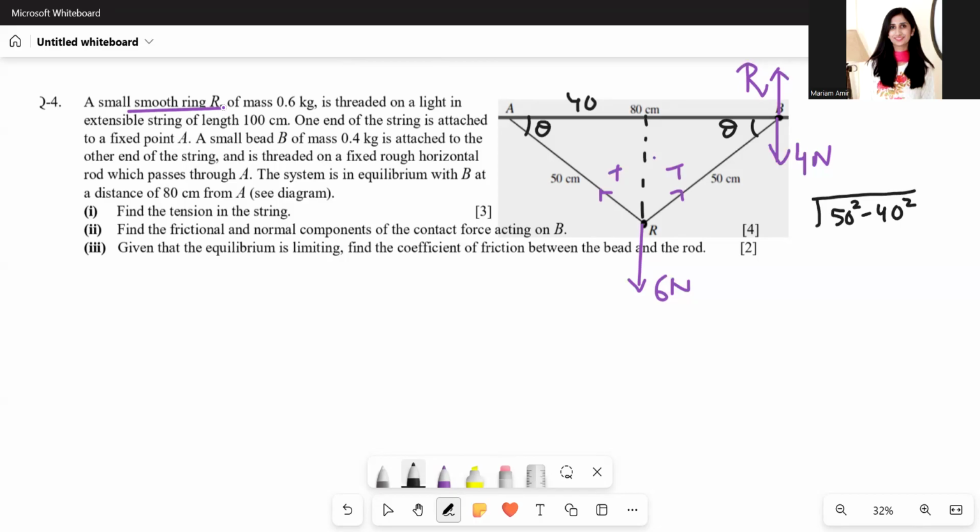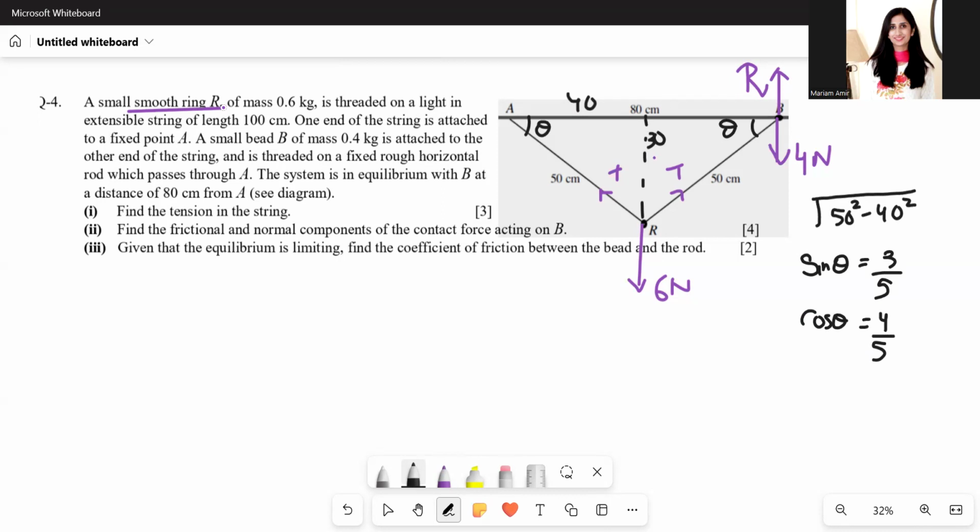Yes, so this length is 30, meaning sine theta is 3 by 5 and cos theta is 4 by 5 because the zeros cancel out.